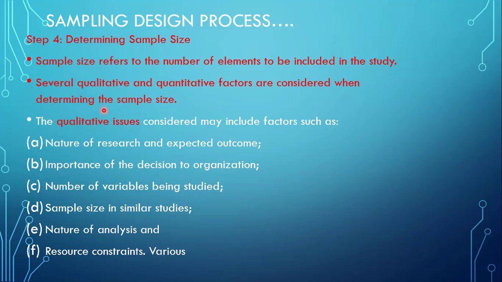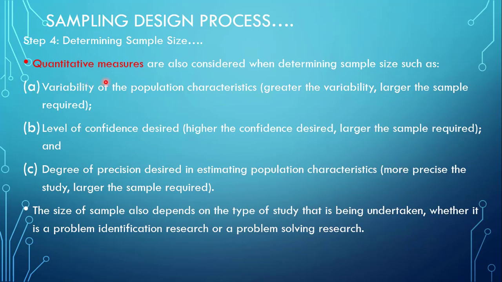The qualitative factors include nature of research and expected outcome, and then nature of analysis and so on. So these factors determine the sample size to be drawn in qualitative issues. The quantitative issues include variability of population characteristics, level of confidence, and degree of precision, and so on. So these are the quantitative issues that you need to consider in selecting the sample size.